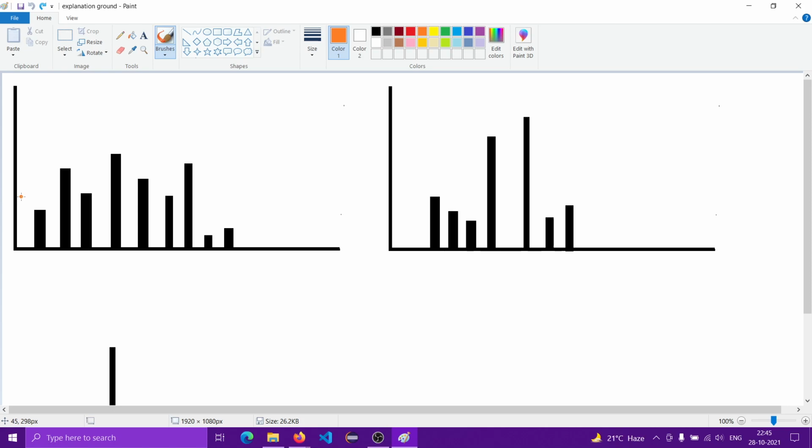So as we have seen here, our initial edges will always be fixed, the first and the last element of the array. But when we are trying to move inwards, we can sometimes move from the right end, like if this was the endpoint, or sometimes we can move from the left end, like when the right end became this point, at that moment we had to move from the left end.